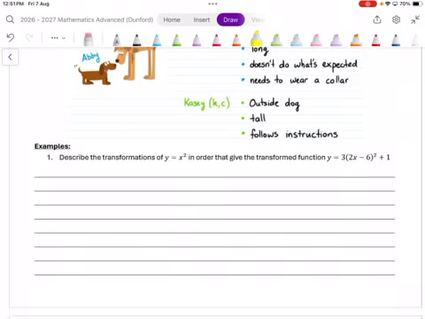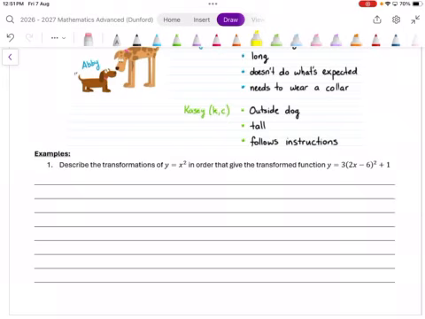All right, so let's look at this. We are going to describe the transformations of y equals x squared in an order and give the transformed function. The transformed function is y equals 3 lots of (2x minus 6) all squared plus 1.